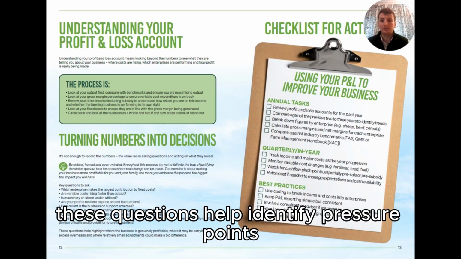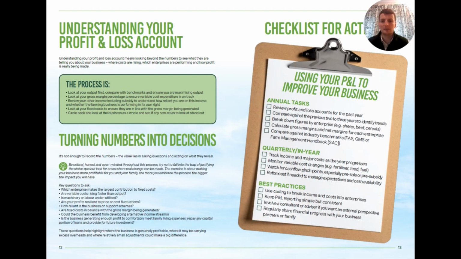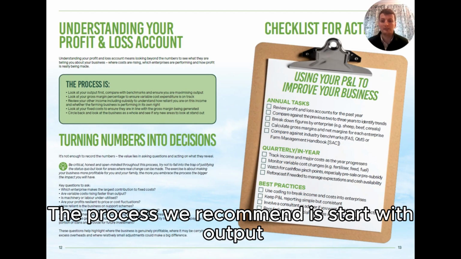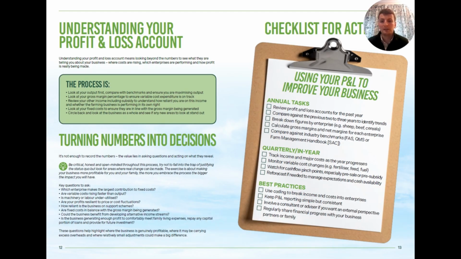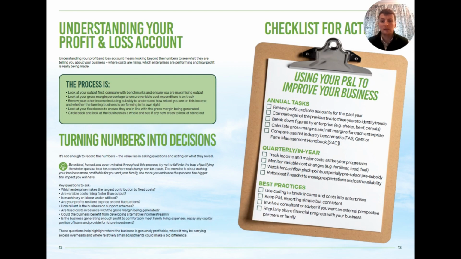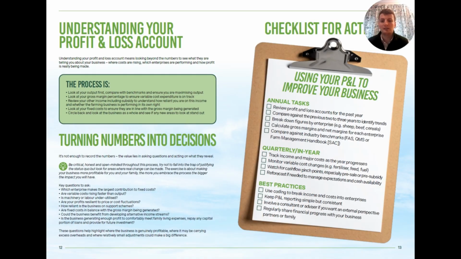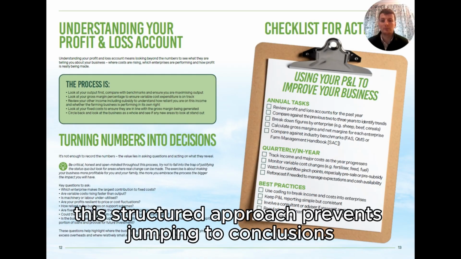These questions help identify pressure points, inefficiencies, and opportunities. The process we recommend is start with output, then look at gross margin, then review other income and analyse fixed costs. Finally, take a step back and look at the whole business. This structured approach prevents jumping to conclusions.